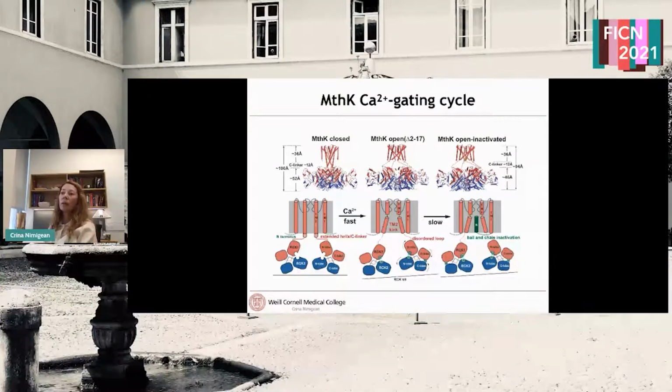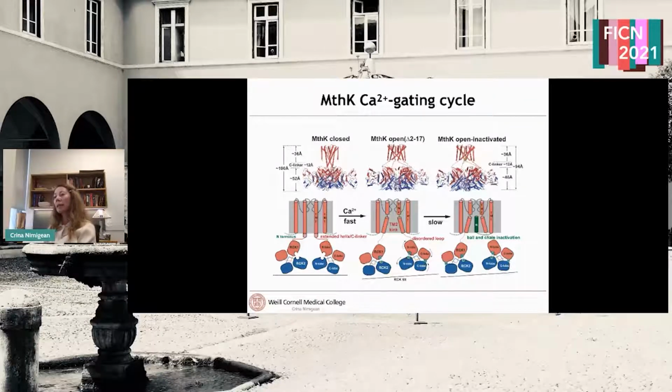We have no idea where the N-termini, where the ball peptides are when they're not in the pore, and the S-linker and the extended helix are actually present in the closed state. And this is the structure that we obtained in the absence of calcium.